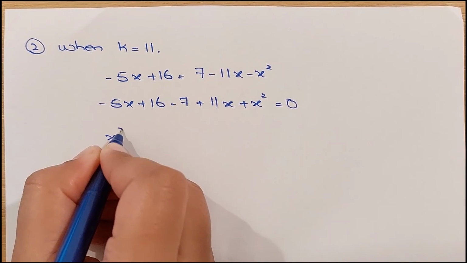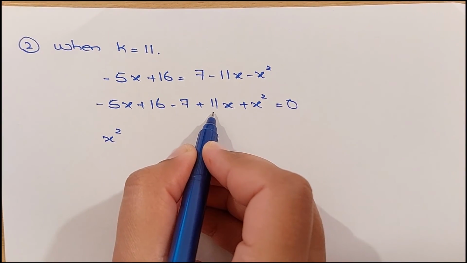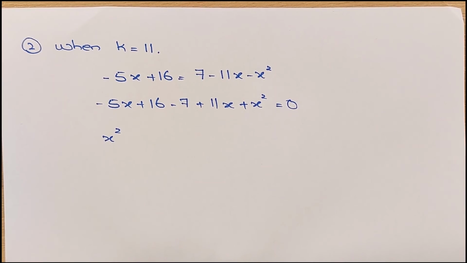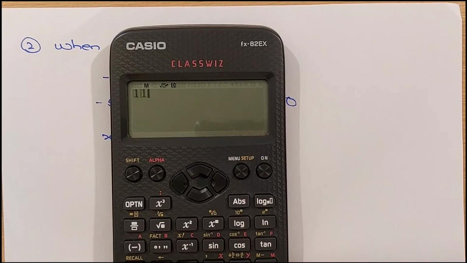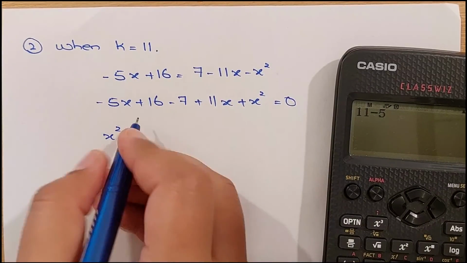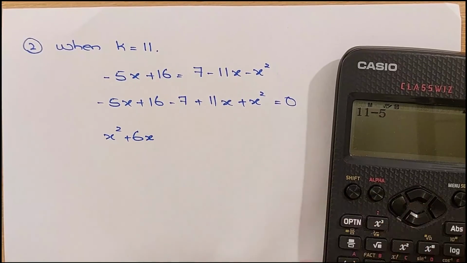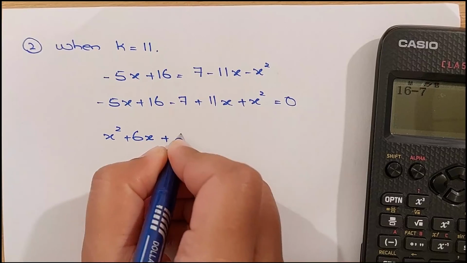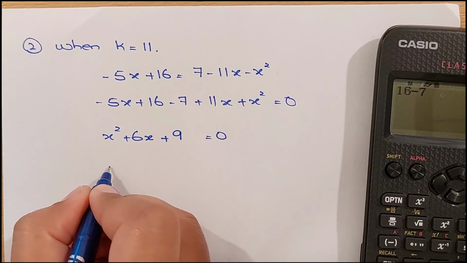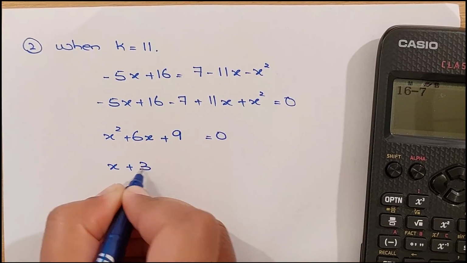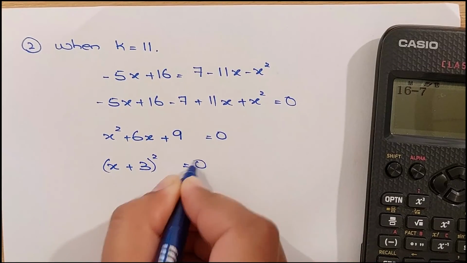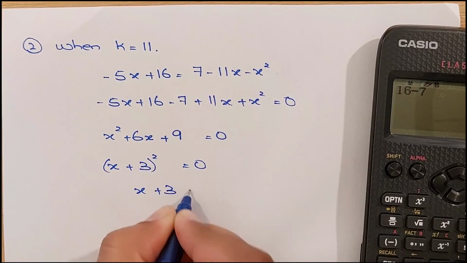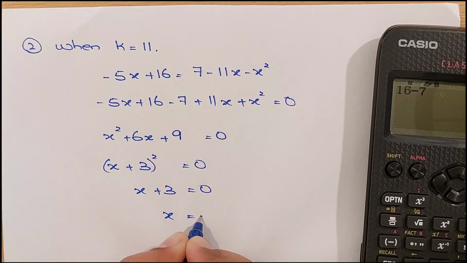So we have x square, and the x terms are 11 take away 5, which is 6x, and the constant is 16 minus 7, which is 9, so plus 9 equals 0. So this is x plus 3 whole square. Taking the square root, x plus 3 equals 0, so x equals negative 3.